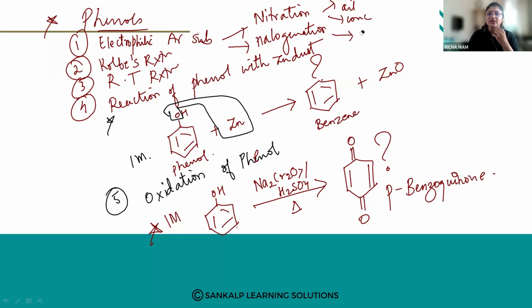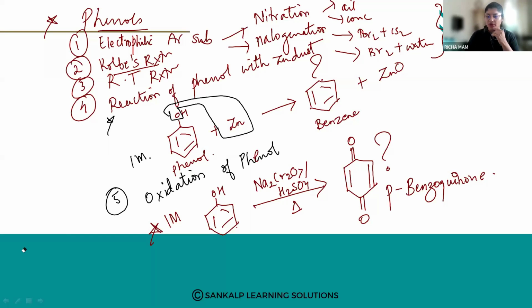In halogenation, we treated with Br2 in a non-polar solvent and with Br2 in water. So 4 reactions we have seen. Then we have seen the Kolbe reaction, then the Reimer-Tiemann reaction, the reaction of phenol with zinc, and oxidation of phenol. Very, very important reactions. I hope you have noted them down.